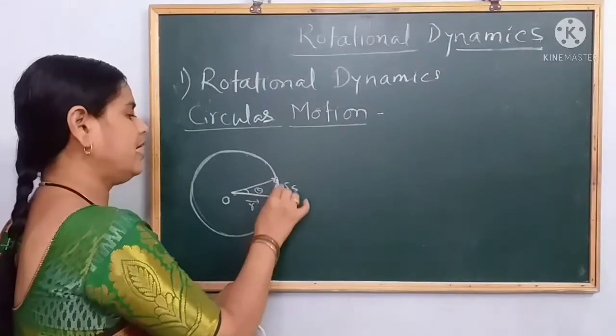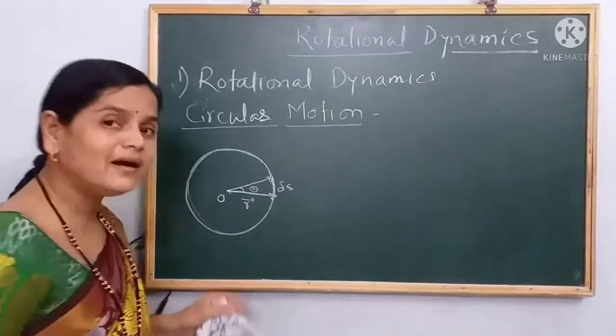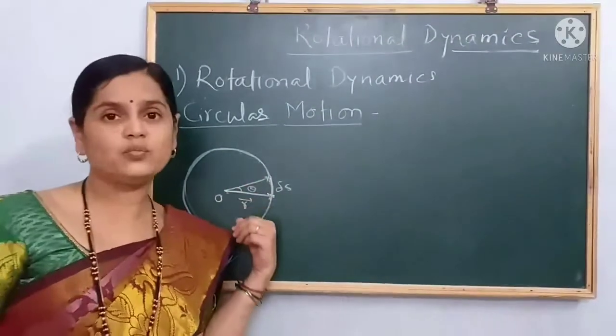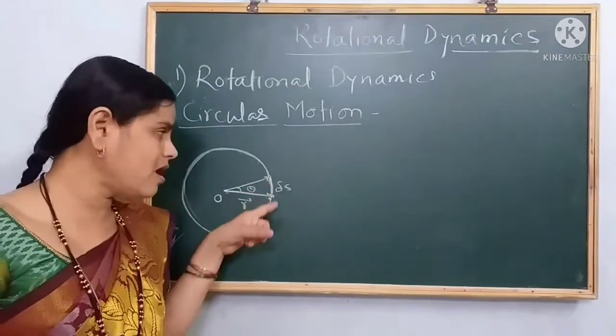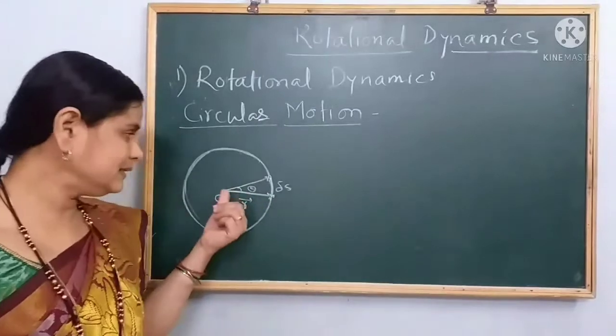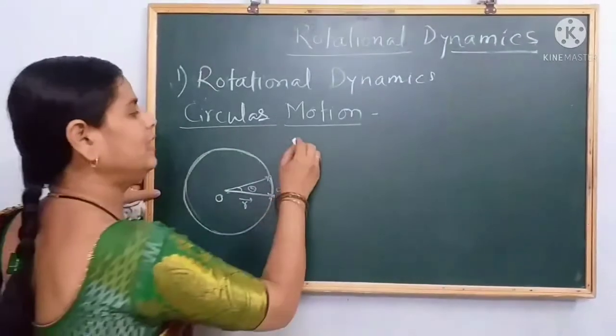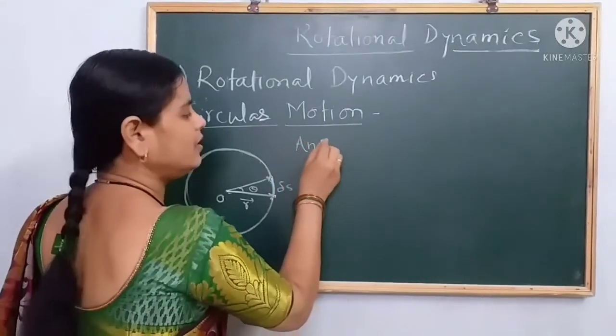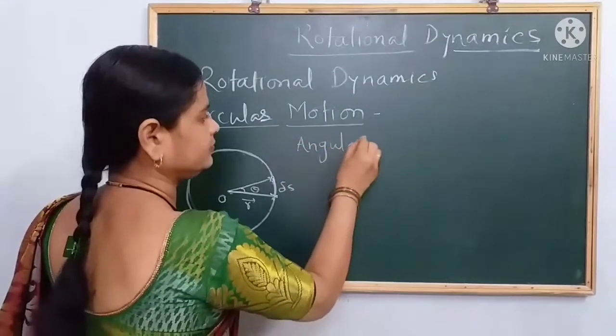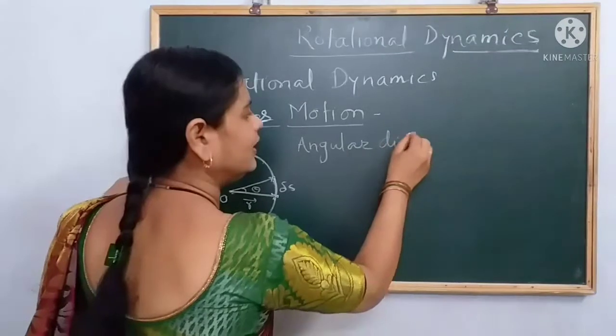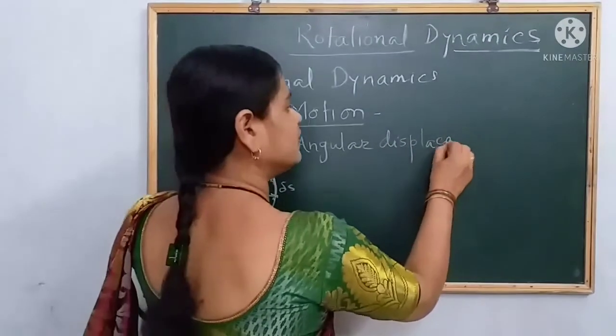This angle theta is the angle traced by the radius vector for an arc delta s. This plane angle theta, we call angular displacement.